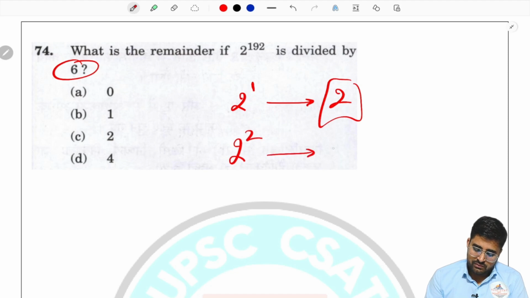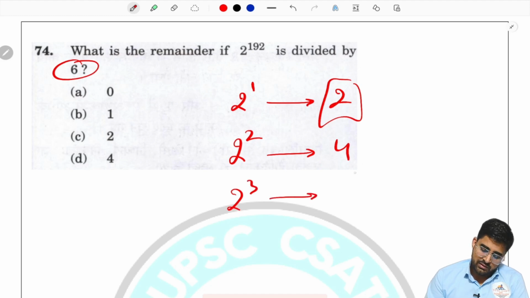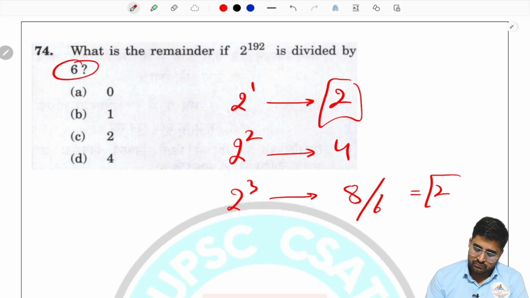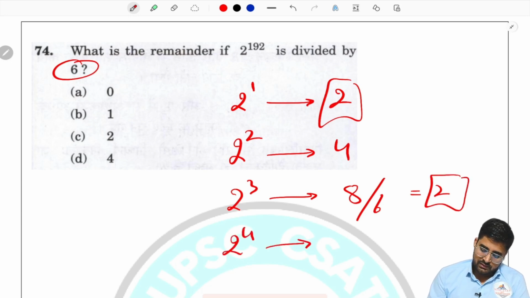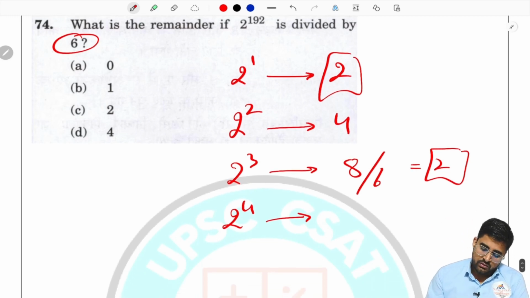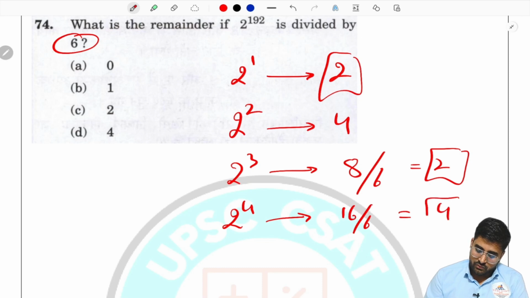For 2 to the power 2, it becomes 4. Again, it's short. Now 2 to the power 3 is 8. If we divide by 6, we have remainder 2. One thing you will witness after this is that the terms keep repeating. Now 2 to the power 4 is 16. 16 divided by 6 is 2 with remainder 4.